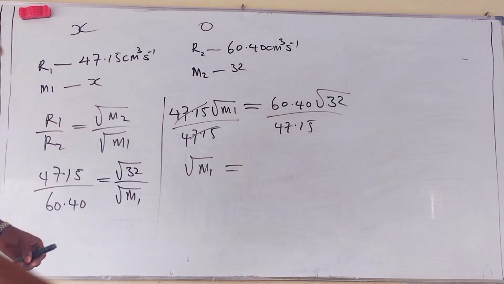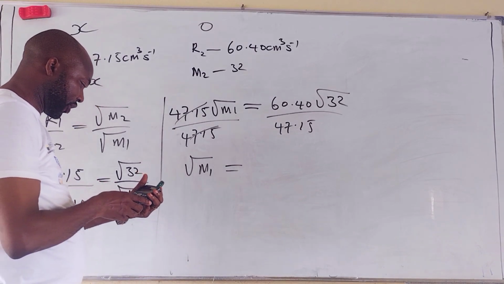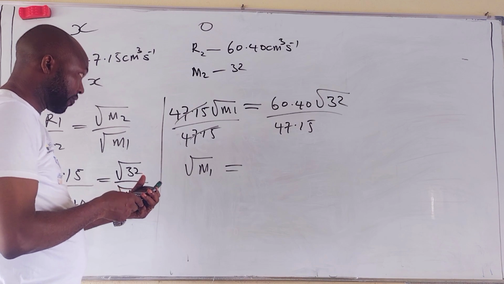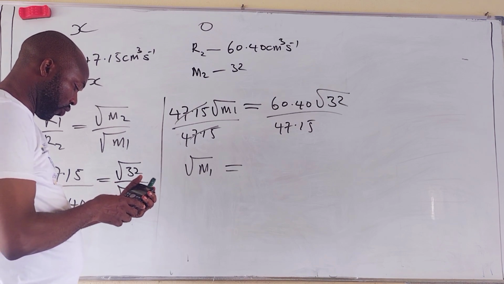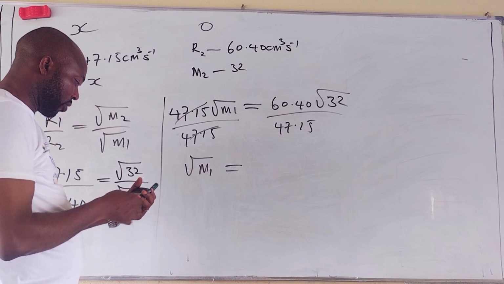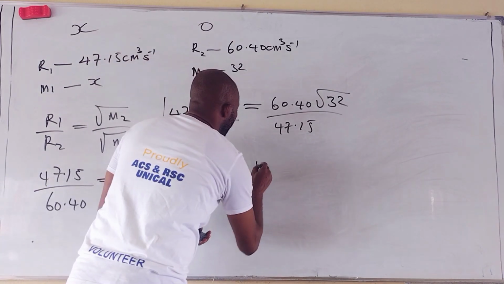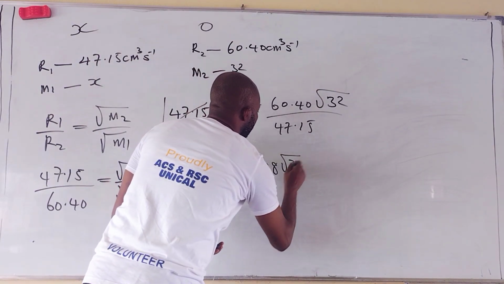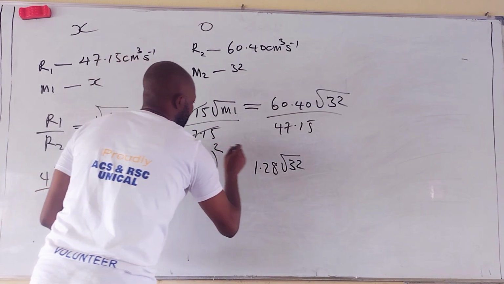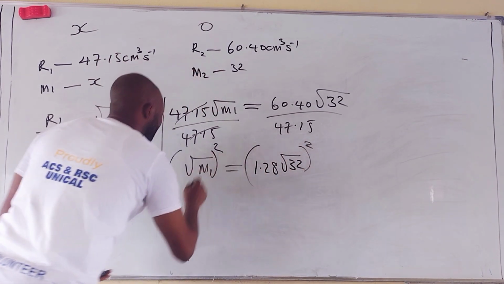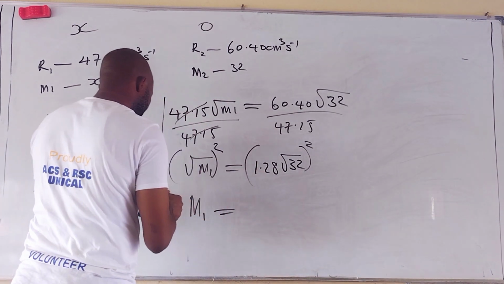Okay, let's take that. 16.40 divided by 47.15 is 1.28. Let's just call it like that. So root M1 is 1.28 root 32. To remove the root, I square both sides. So when I square both sides, I now have M1 is equal to 1.28 squared.